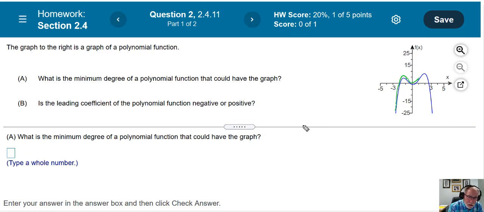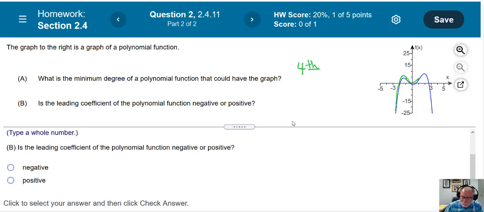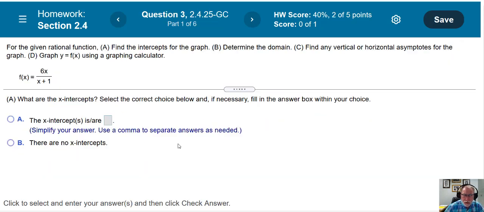And so a graph that curves 3 times would be a 4th degree polynomial. And even degree polynomials, where the graph is going down on both sides, has a leading coefficient that is negative.